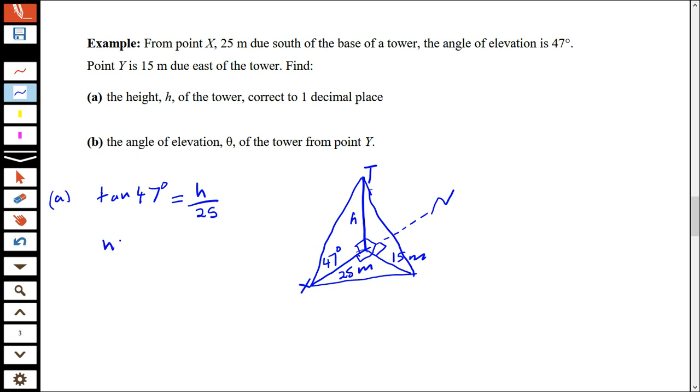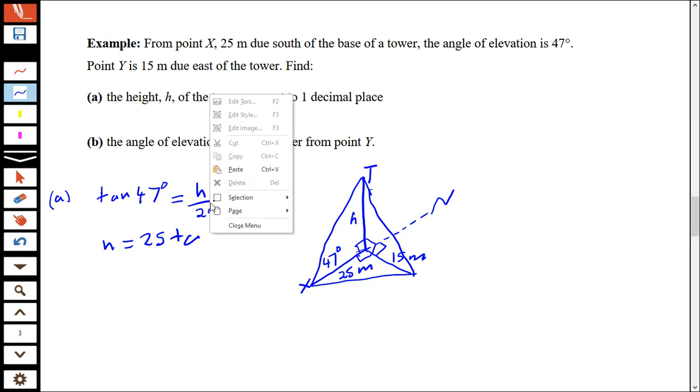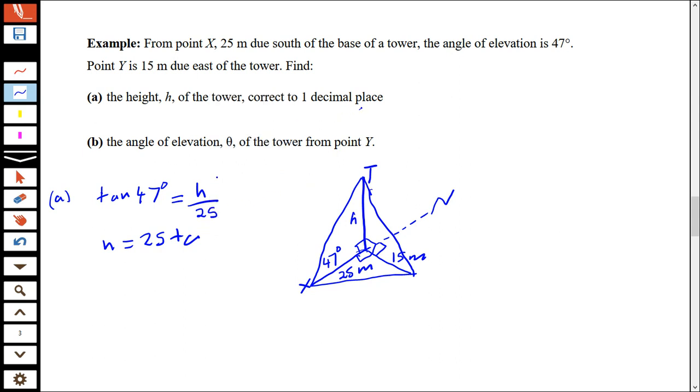So multiply both sides by 25, you're going to get 25 tan 47 degrees. So that's what h is equal to. So put that into your calculator, 25 times tan 47, it gives you 26.8. H is 26.8 meters. So that's part A.